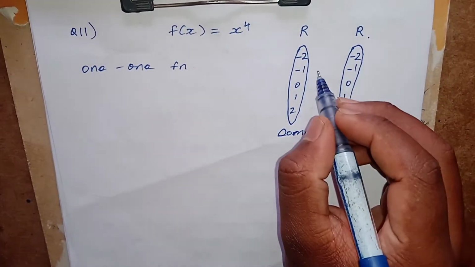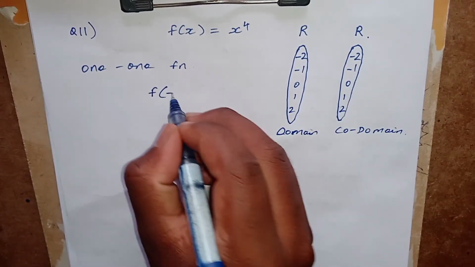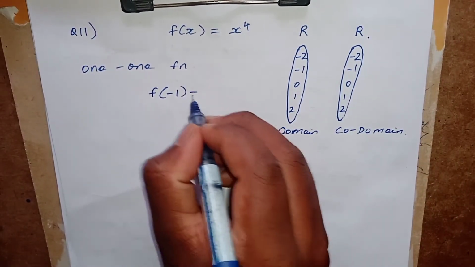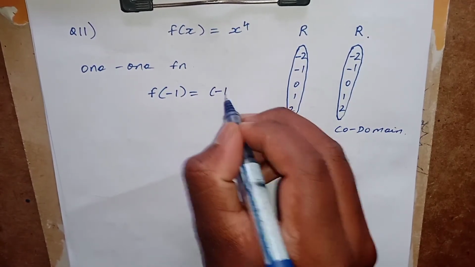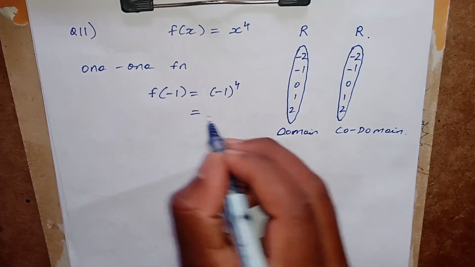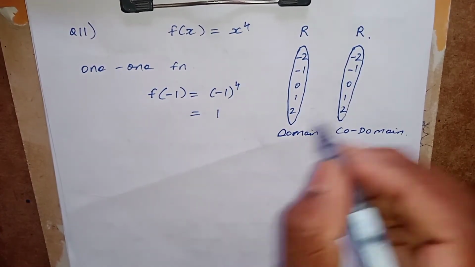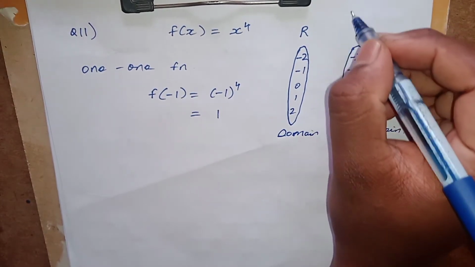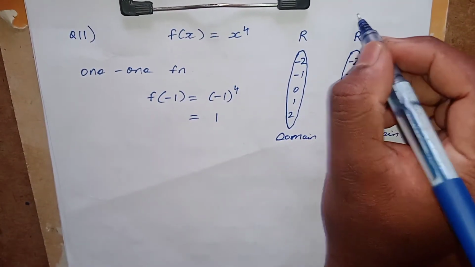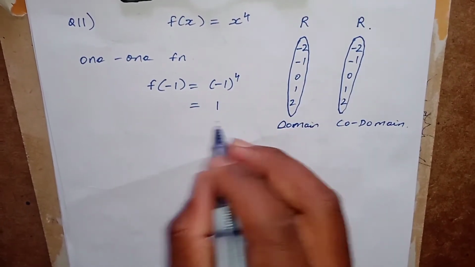See here, if I am taking minus 1, f of minus 1 equal to minus 1 power 4. Minus 1 power 4 in the sense here it will come as plus 1, because here also we are squaring terms. If I square minus 1 it will become plus, same.